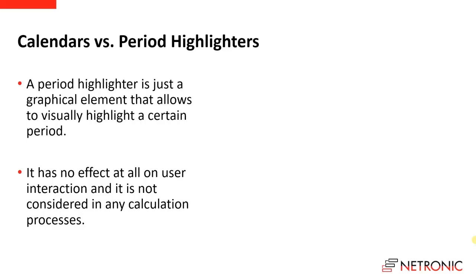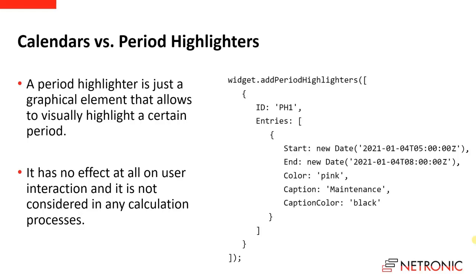In contrast to calendars, it has no effect at all on user interactions, and it's not considered in any calculation processes. You can define period highlighters by the widget method addPeriodHighlighters. As with all the objects known in the widget, this method also expects an array of objects.